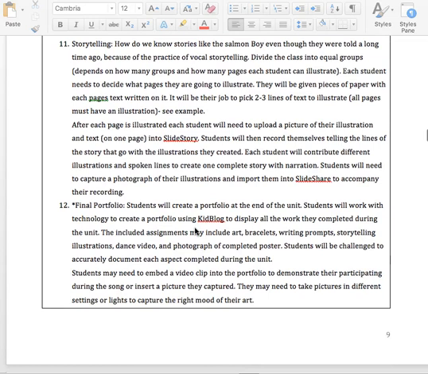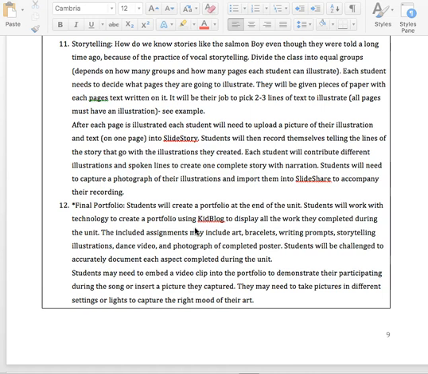Then for storytelling, after reading the Salmon Boy story, students will each be given 1 or 2 pages of the story. They will be given the assignment to illustrate it, and they will be graded on their creativity.